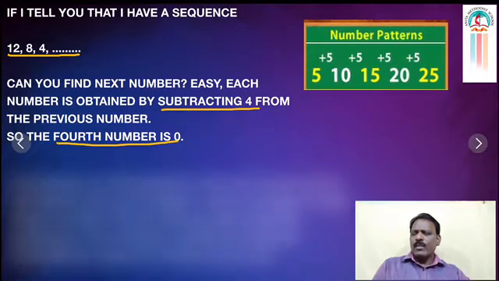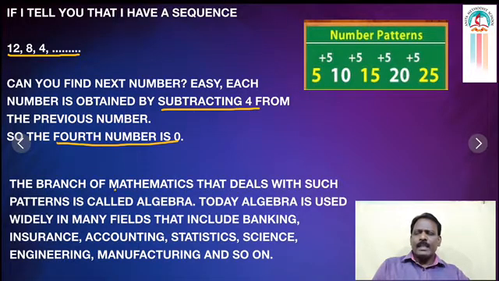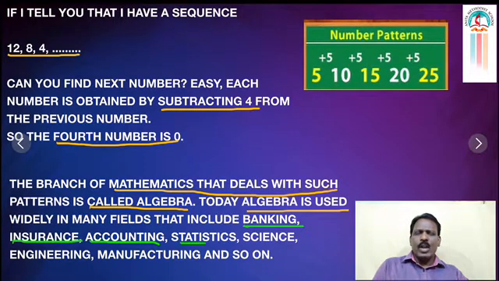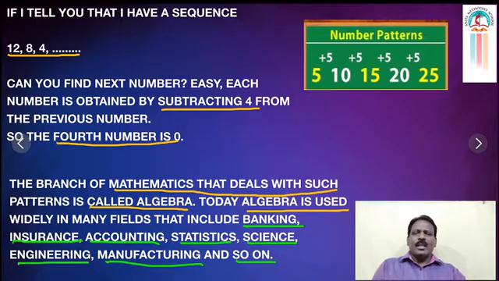The branch of mathematics that deals with such patterns is called algebra. Today, algebra is used widely in many fields that include banking, insurance, accounting, statistics, science, engineering, manufacturing and so on. You already know about patterns.